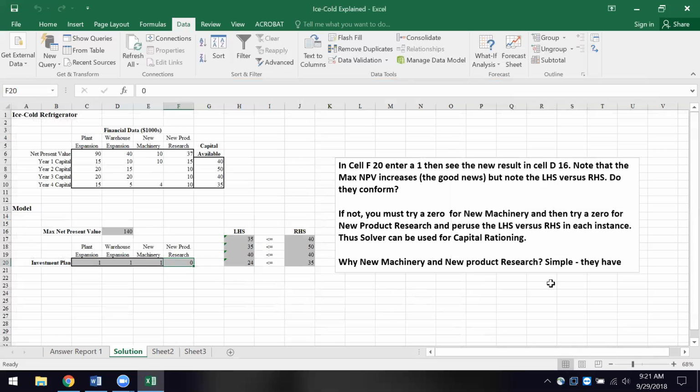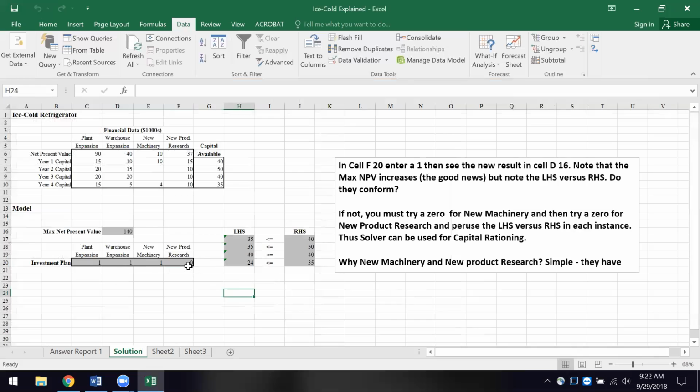And I asked you some questions about the maximum NPV increases, but note the LHS results, do they conform? Now, as we're looking at this, we can do some manipulations and changes. And basically this one, where these are binary, and we're saying I'm either going to do it or I'm not.